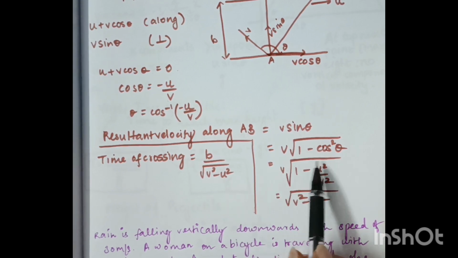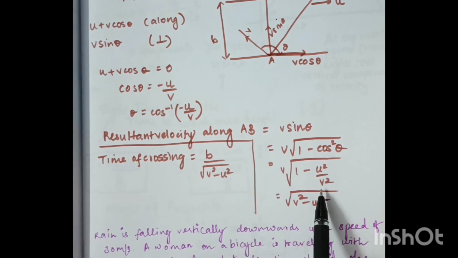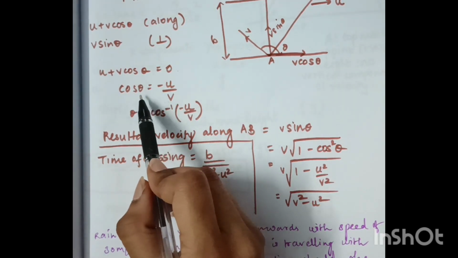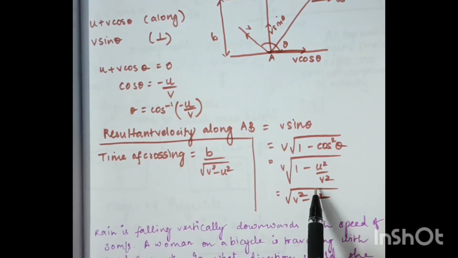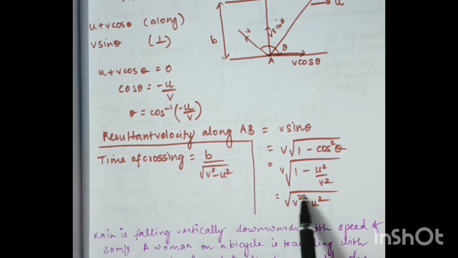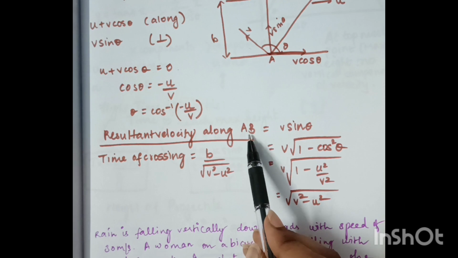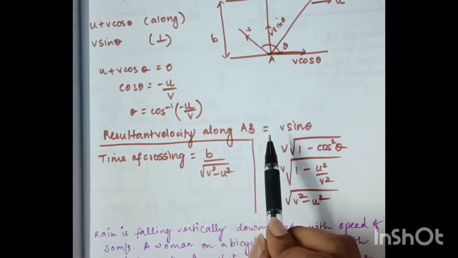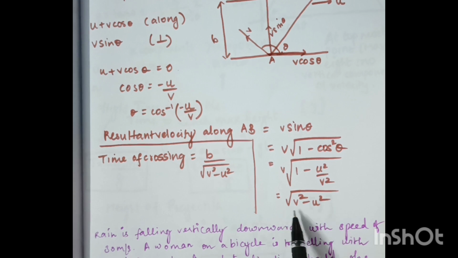So v into under root 1 minus cos square theta, where cos theta equals minus u by v, so cos square theta equals u square by v square. So we can write under root v square minus u square, and this is the resultant velocity along AB. This result can be kept in mind.